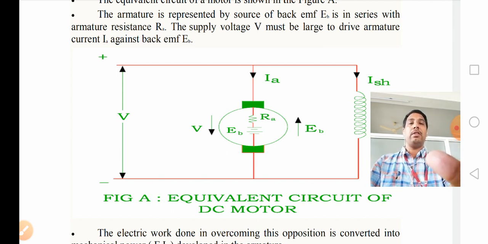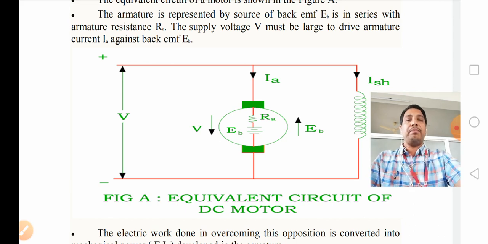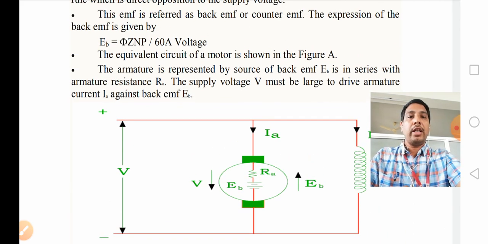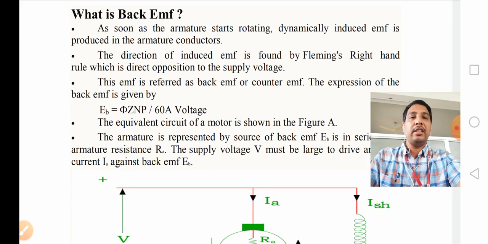If you observe clearly in the equivalent circuit, V is in the downward direction and the back EMF is in the upward direction. That is what the equivalent circuit represents: EB is always opposing the sudden change in voltage. So I can call it back EMF, counter EMF, or opposing voltage, a sudden opposing change in supply voltage.